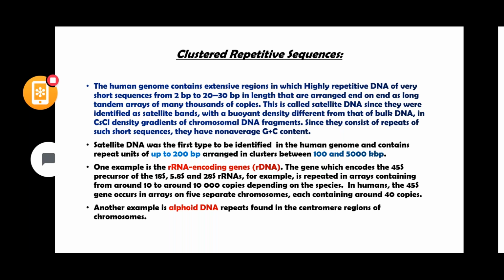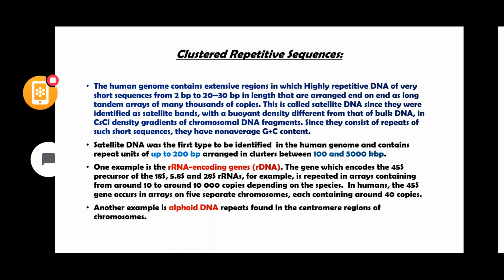See, the human genome usually contains an extensive region, a long region, of highly repetitive DNA made of very short sequences, usually starting from 2 base pairs and going to about 20 to 50 base pairs in length.